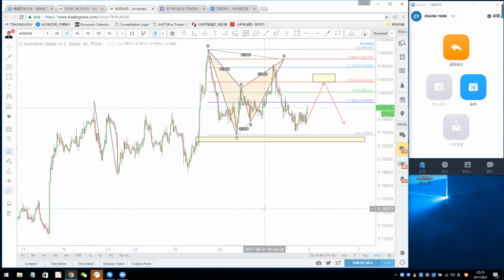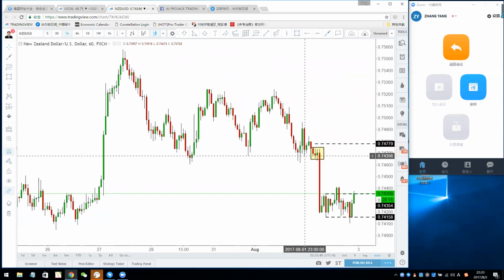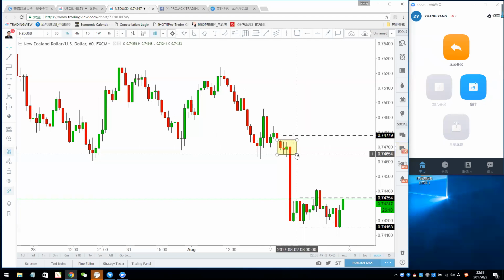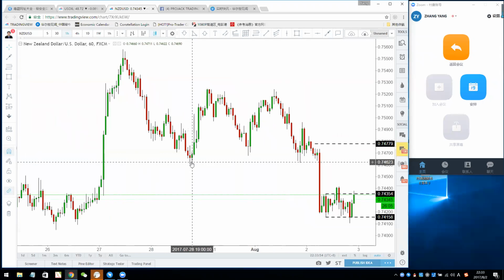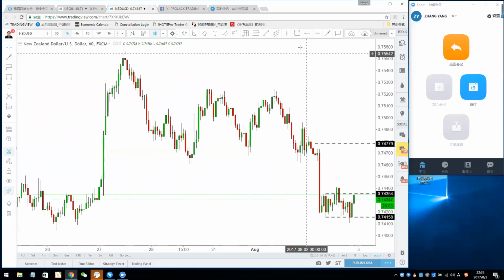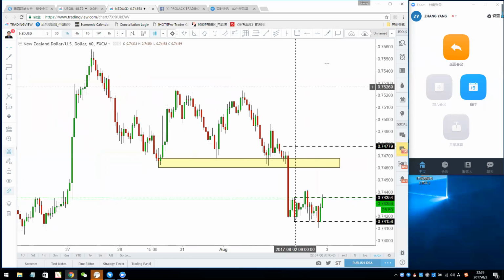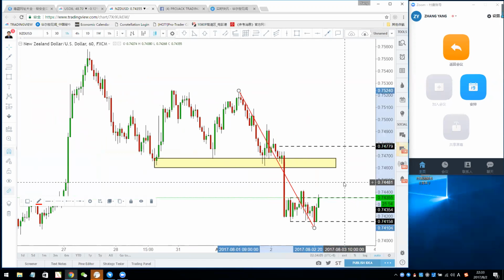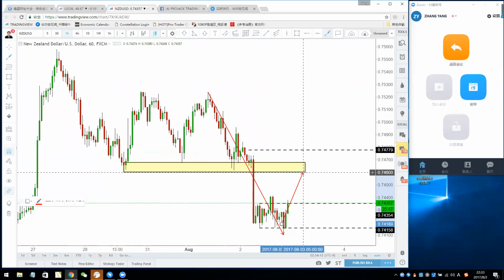Okay, let's go to the Kiwi dollar. The Kiwi dollar has a very strong bearish move after the unemployment rate data was published. Right now, in my opinion, for the Kiwi it's a very simple and effective trade because we have a structure here that's broken, and I'm waiting for a pullback to this same area, about 0.7460.